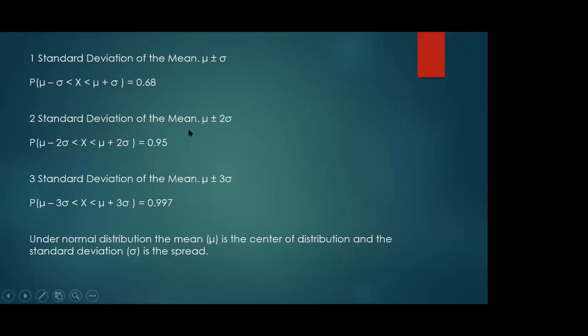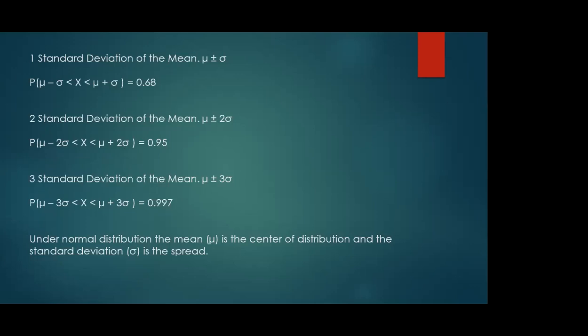Then 2 standard deviations of the mean represents mu plus or minus 2 times the standard deviation, which is equal to 0.95. It's just saying that approximately 95% of the data values will be between the mean minus 2 times the standard deviation and the mean plus 2 times the standard deviation.